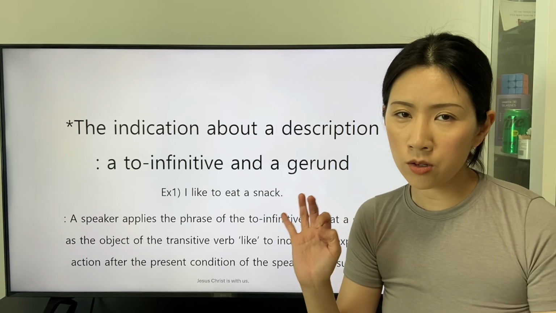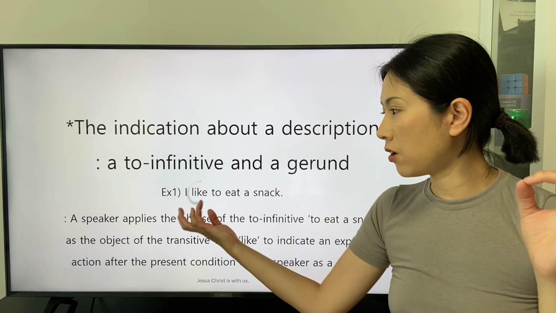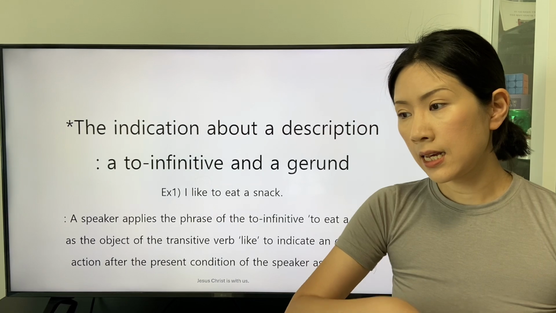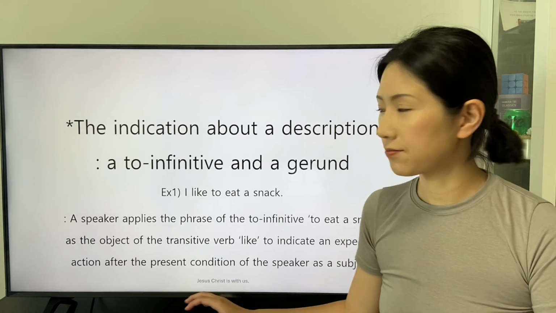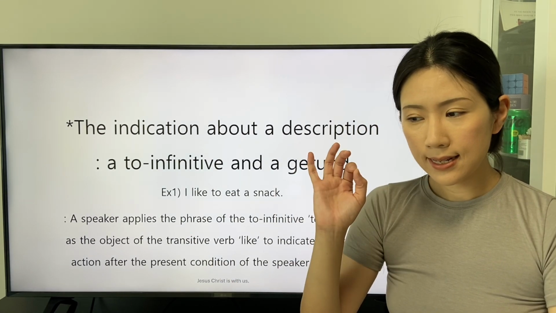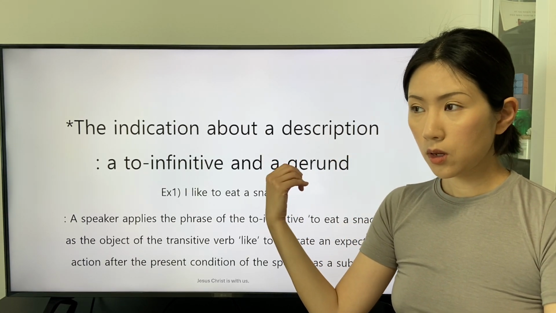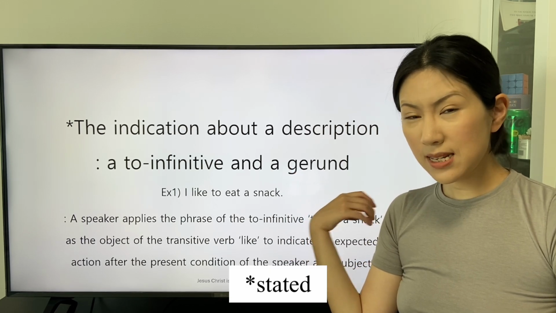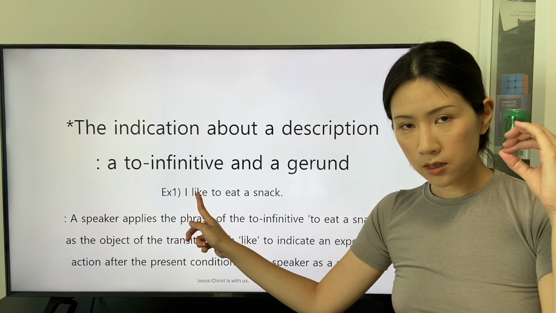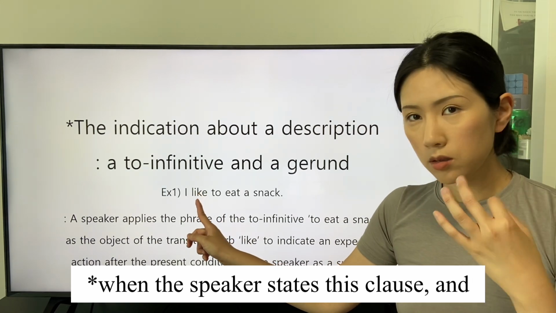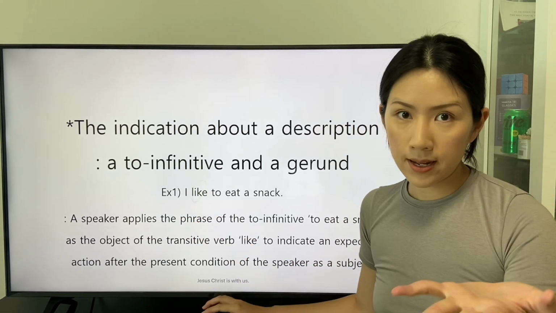The listeners can also understand that the definition of the transitive verb like is conveyed to an expectation that is stated to actualize later than the present when the speaker states this clause and whose condition is described by the transitive verb like.